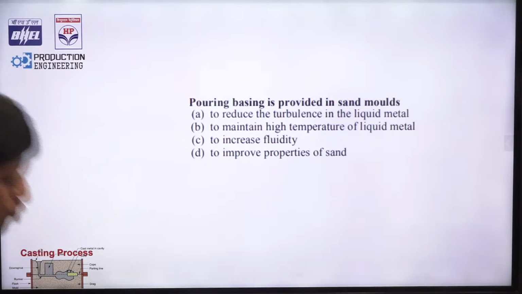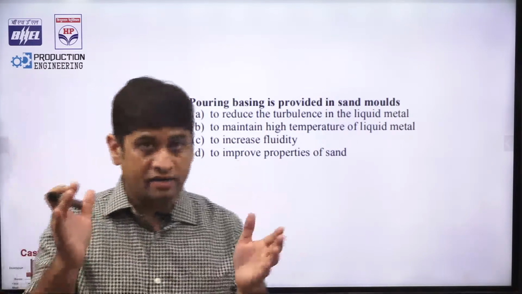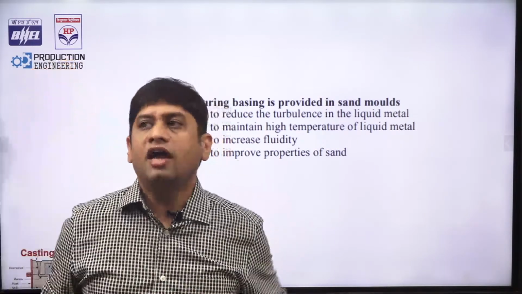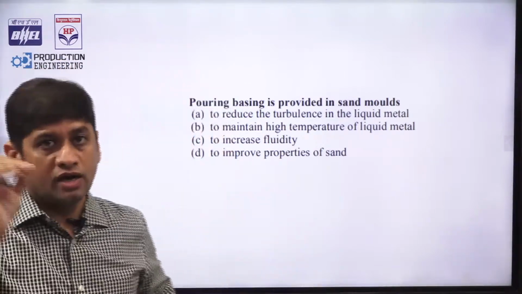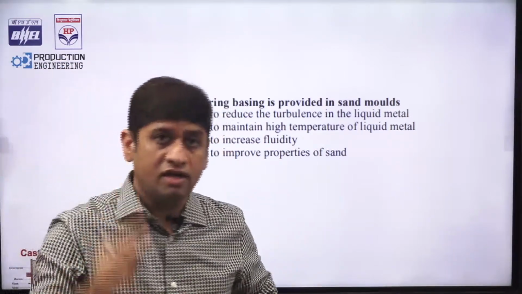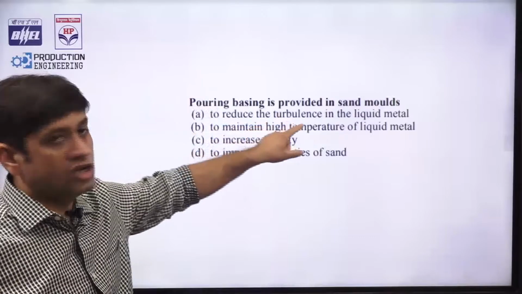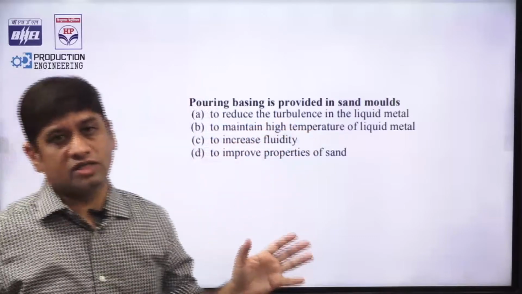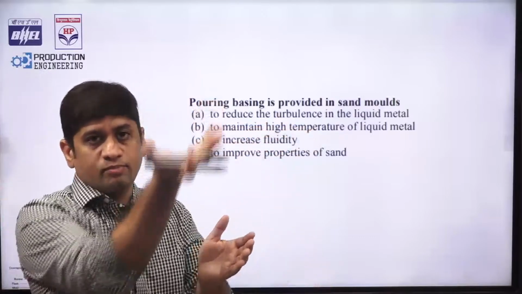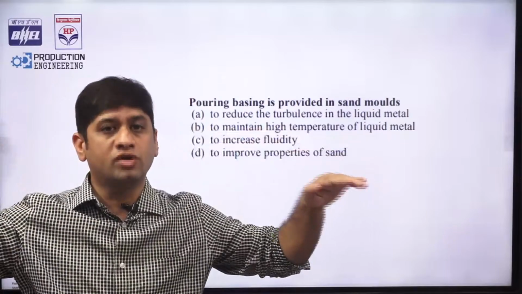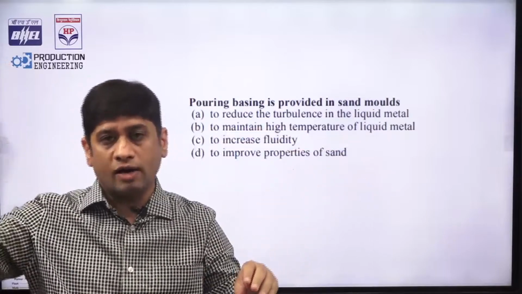Yes, there are advantages of the pouring basin. One, it maintains the constant head. Two, it prevents slag; it basically separates the slag. Three, it prevents turbulence in the liquid metal. The moment you maintain a pouring basin, a constant head of the liquid is maintained, so the flow can go at a particular velocity.